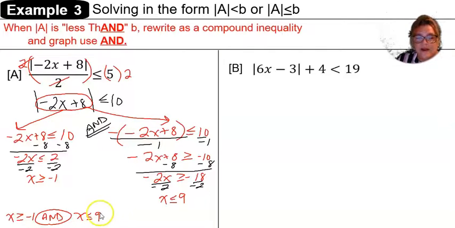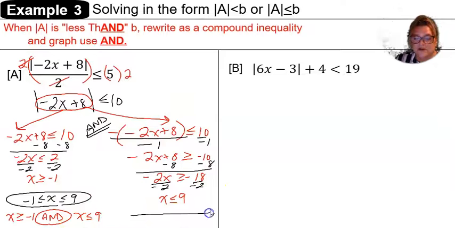Another way that we could write that statement would be to say we want x's that are between negative 1 and positive 9. Those two statements mean exactly the same thing. When we want to sketch our solution set on a number line, we'll have closed circles at negative 1 and at positive 9 to indicate that those endpoints are inclusive.